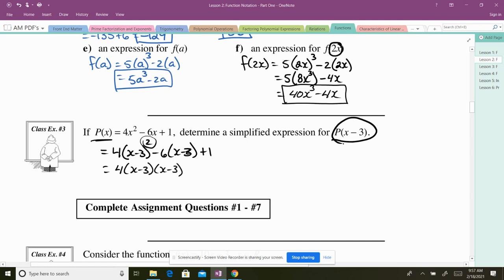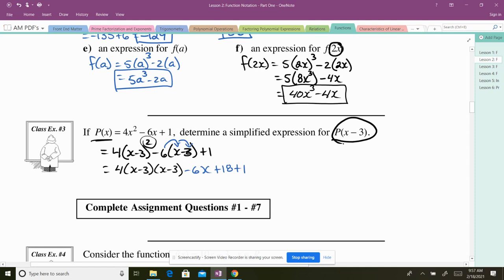What do I do with the 6? You distribute it, whoever said that. Nice. Math language and everything. Negative 6 gets dumped in, so I get negative 6x. Negative 6 times negative 3 is positive 18, and there's a plus 1 on the end.